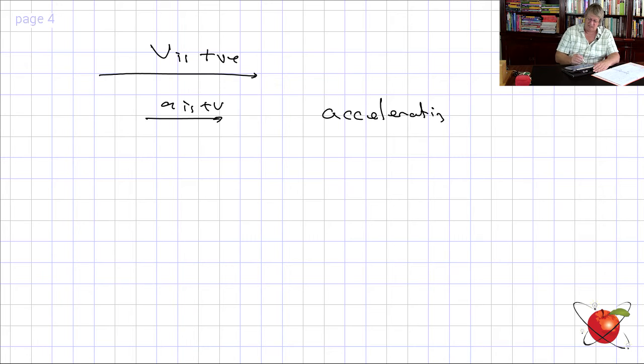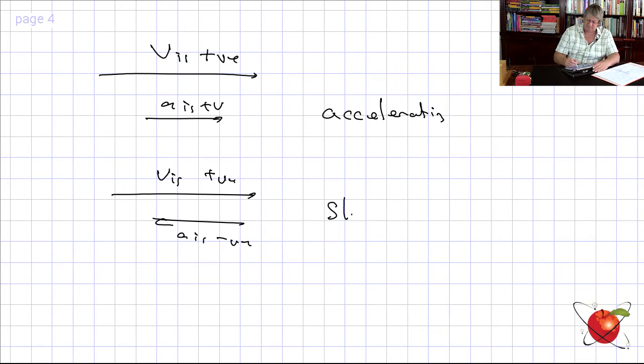I'm going faster because the acceleration is acting in my direction. Then I've got the next step, which is I'm going this way. V is positive, A is negative. What am I doing? I am slowing down.